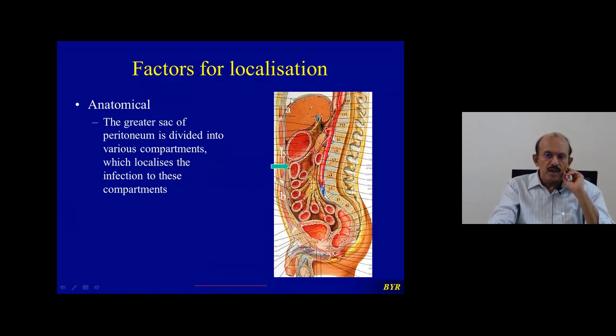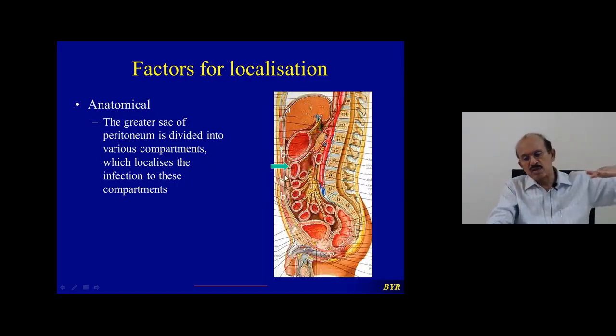After the subdiaphragmatic spaces, next is the transverse colon and transverse mesocolon. The transverse mesocolon hangs from the posterior abdominal wall and the transverse colon is situated onto the anterior abdominal wall. So this forms a big horizontal septum, which divides the peritoneal cavity into two compartments: a supracolic compartment and an infracolic compartment.